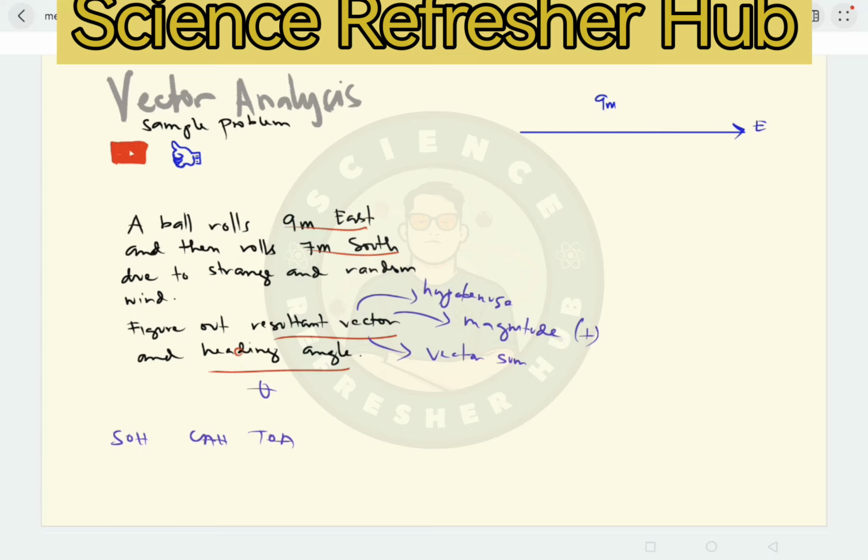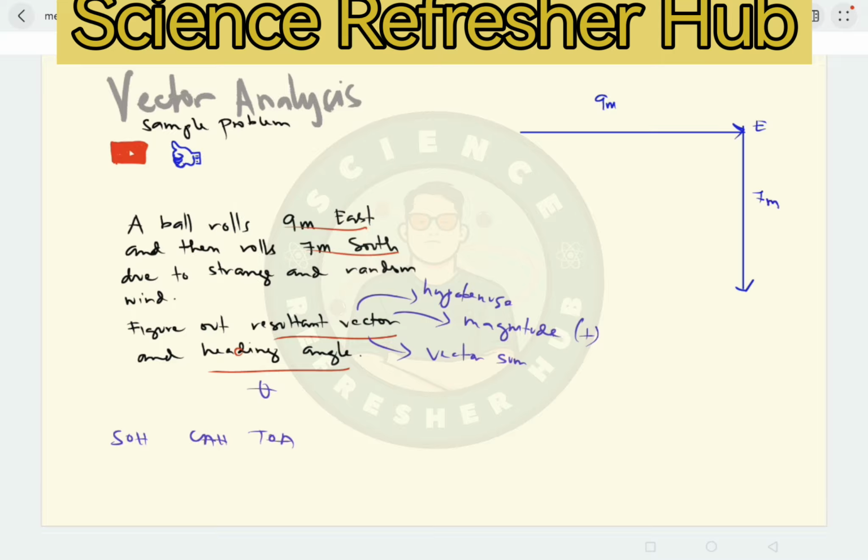If you are going to add another vector or arrow, you just continue it by putting the tail of that new vector at the head of the previous vector. So this is our first vector, 9 meters east, and then going south, you connect the tip of that new vector to the head of that previous vector.